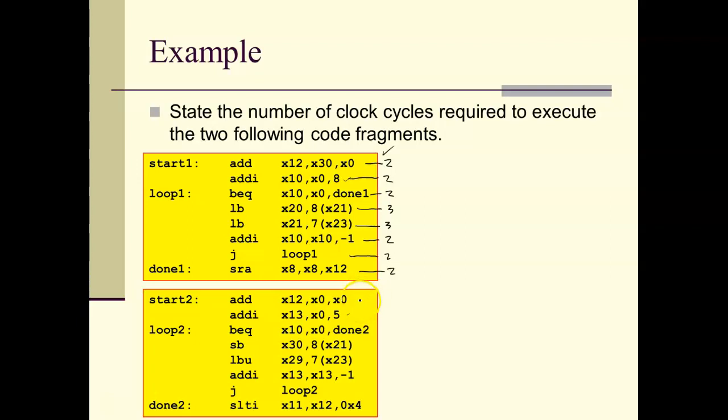But I am going to write all these values down just to get started. Once again, I can do this in my head and get it right 75% of the time, but that's not good enough. 3, 2, 2, 2. So essentially, every non-load instruction requires 2 clock cycles, and the load instructions require 3.